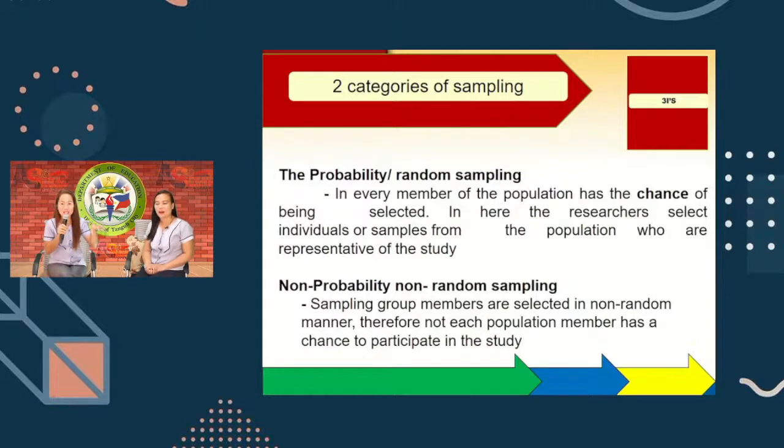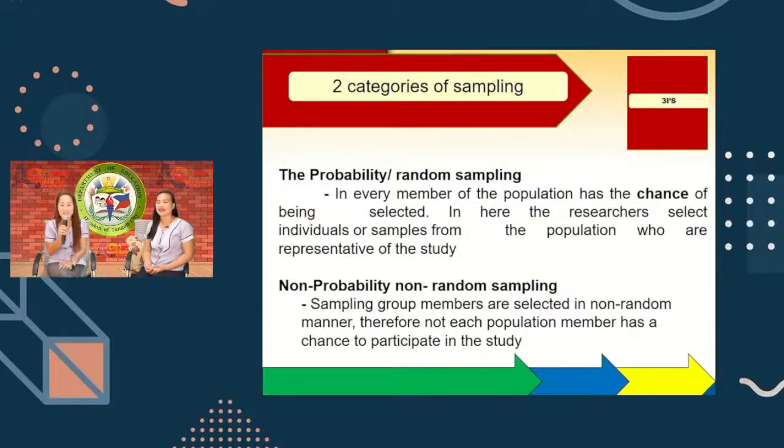So meaning to say, this is the most rigorous form of sampling and is mostly applicable, learners, in quantitative research. Why? Because the investigator can claim that the sample is representative of the population and as such can make generalizations to the population.